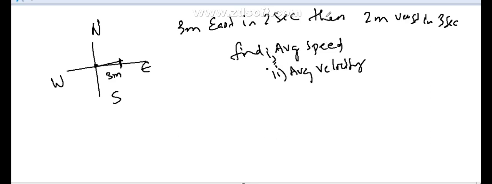What is the average speed and average velocity? Try this out in your own notebook. Take your time. Average speed. Average velocity.